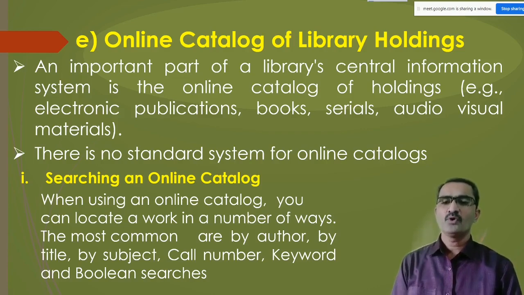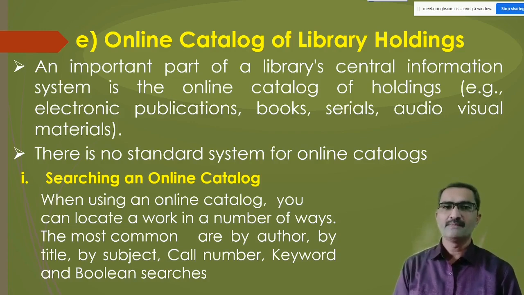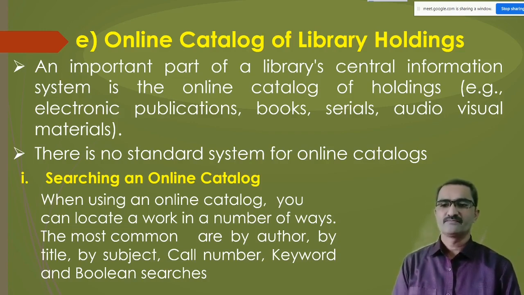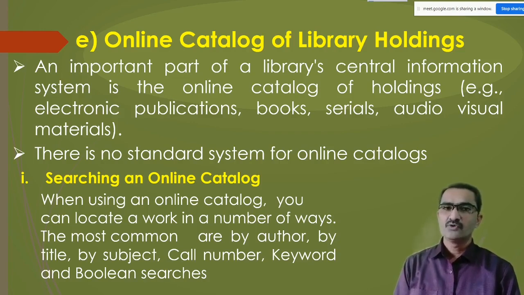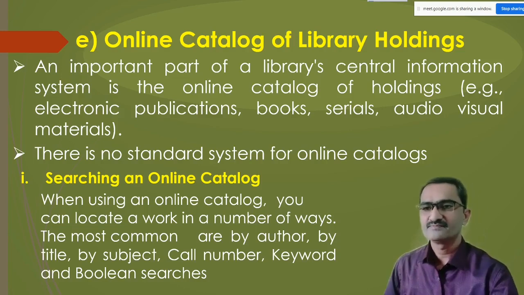Even there is one more option that is nowadays available, that is advanced search. So in advanced search, whatever you know about that particular author or text, if you are not sure, then also you can type there in advanced search, and advanced search will help you to identify the books or sources or resources available in that particular system or library.